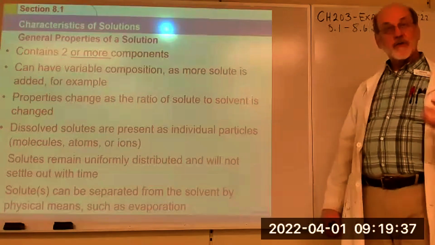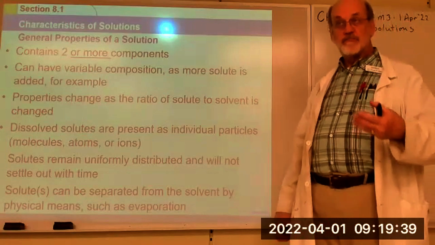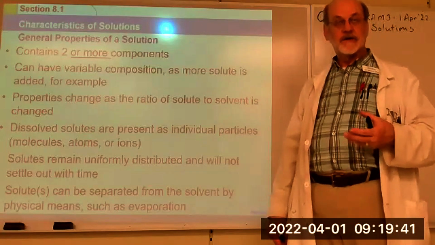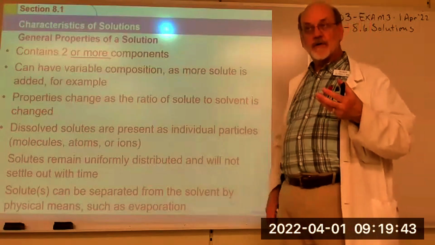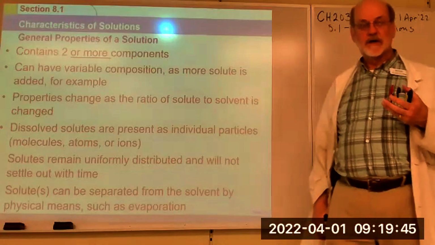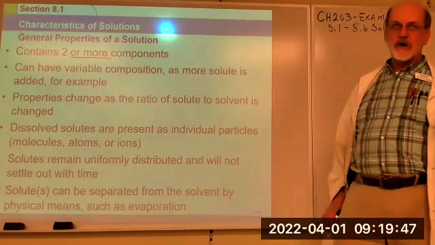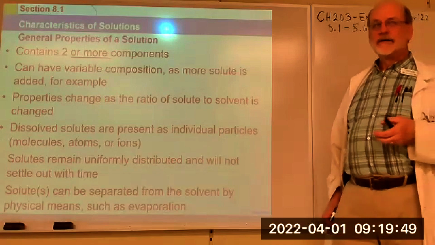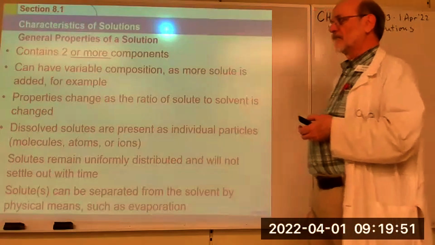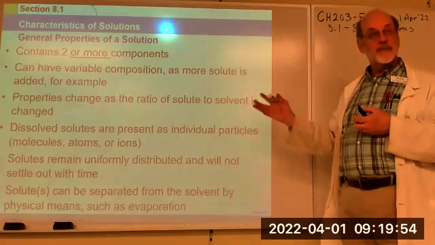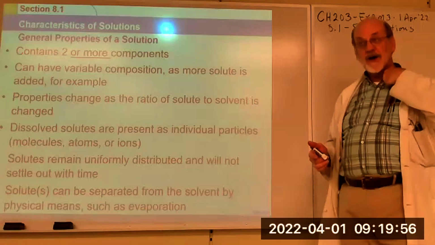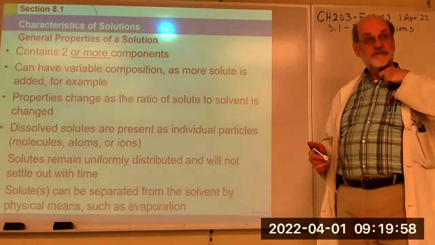Or like sodium chloride, they can go into solution and break up into ions. And that's typical for ionic compounds. Sodium chloride is a good example. Potassium chloride will do it. Lite salt. Copper sulfate breaks up into individual ions, the copper ion and the sulfate ion.